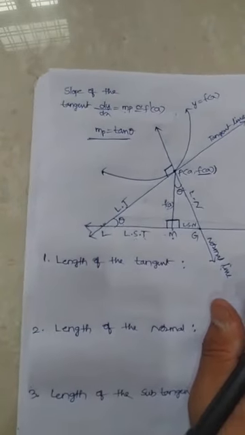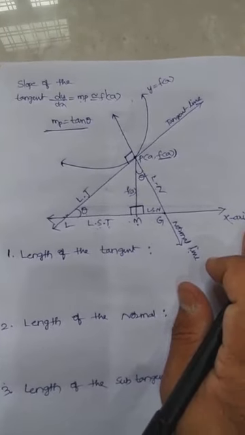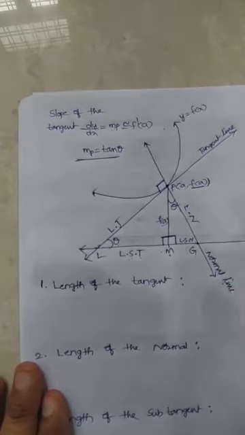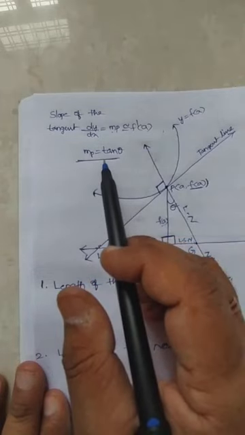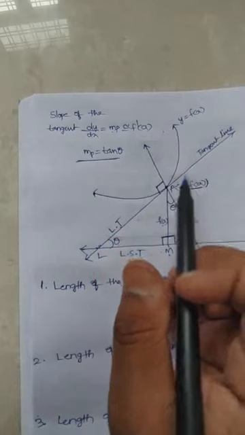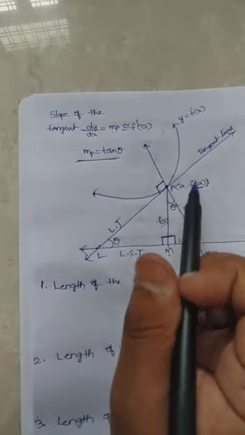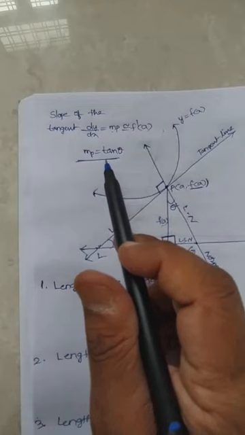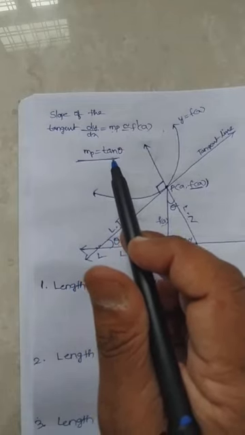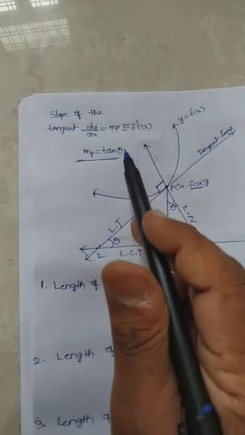So which trigonometrical ratio is available for us? Only tan theta. We can find it directly whenever the point and the curve equation are given. It would be easy.